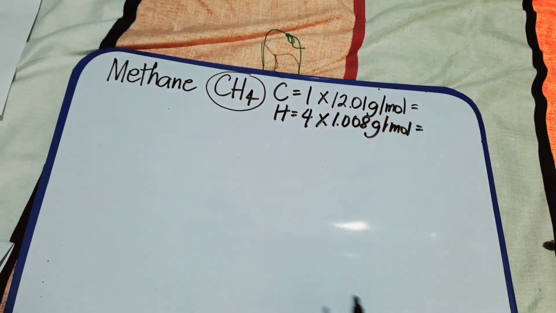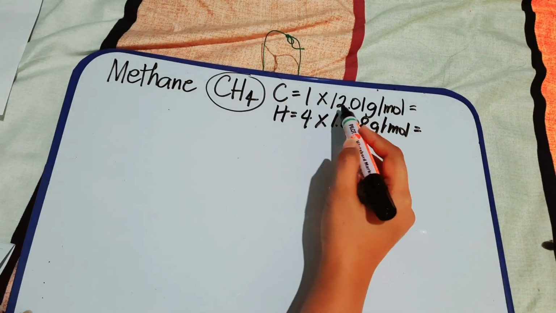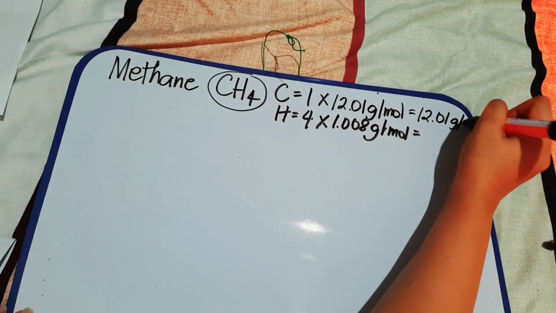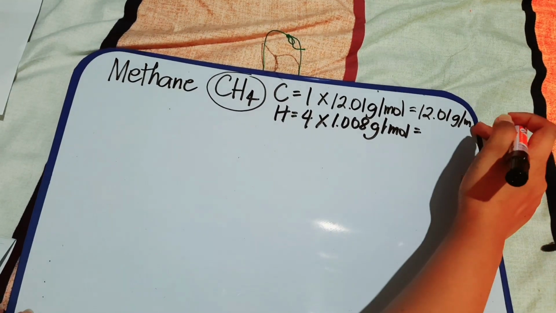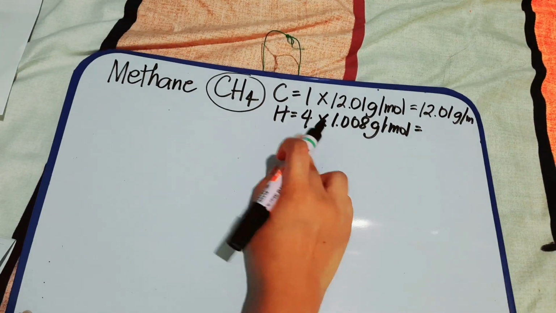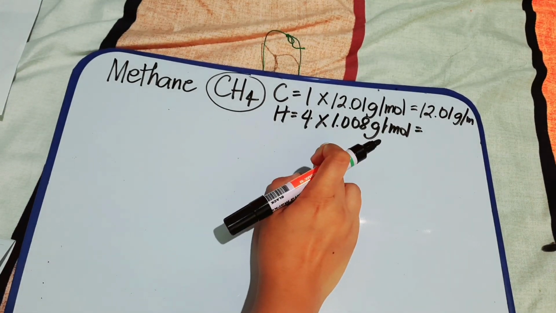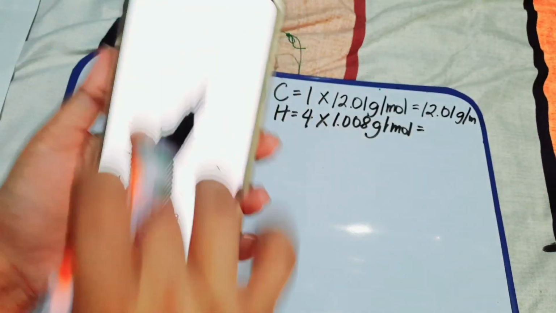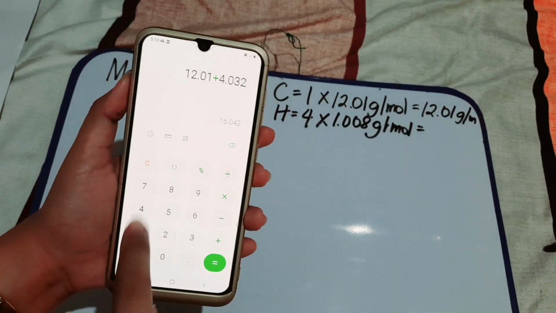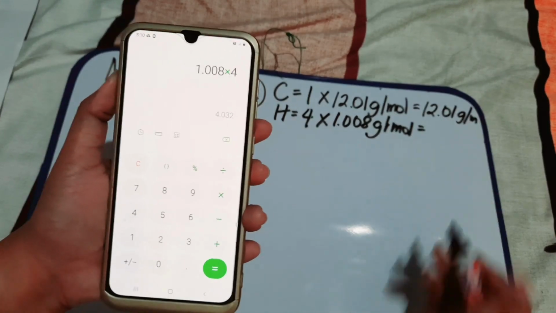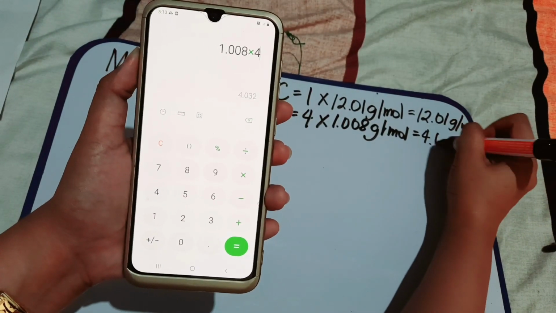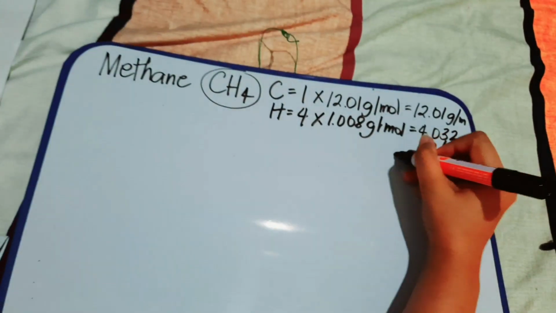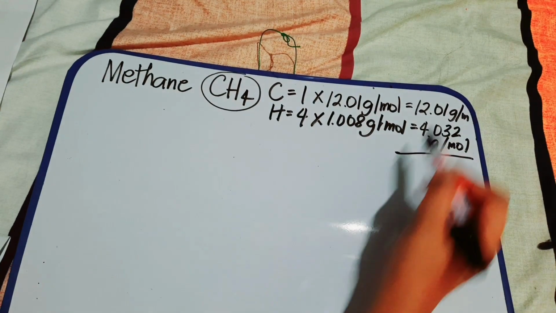Okay? So, multiply natin. 1 times 12.01 gram per mole. And then, we also have 4 times 1.008. So, wala tayong calcu. Gamitin na lang natin ang cellphone. Okay, so we have 4.032 gram per mole.